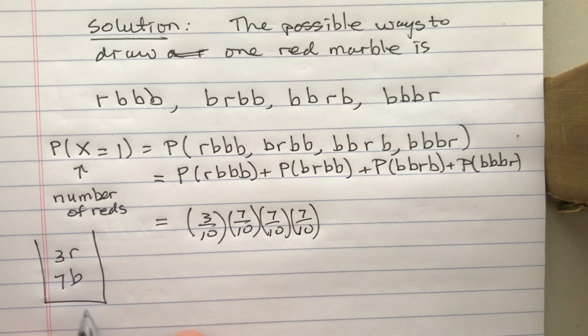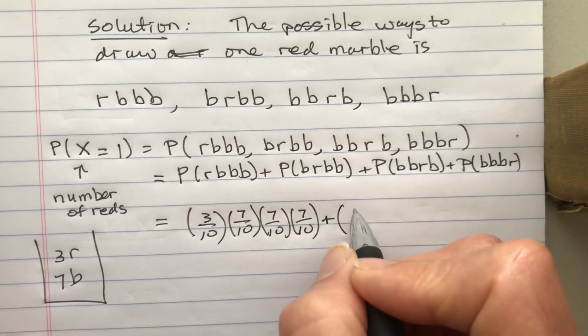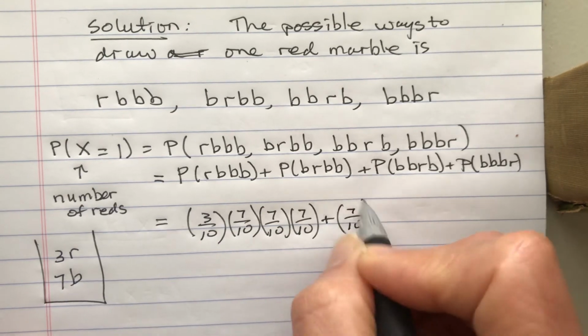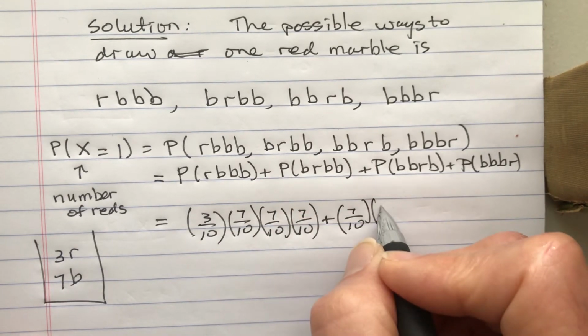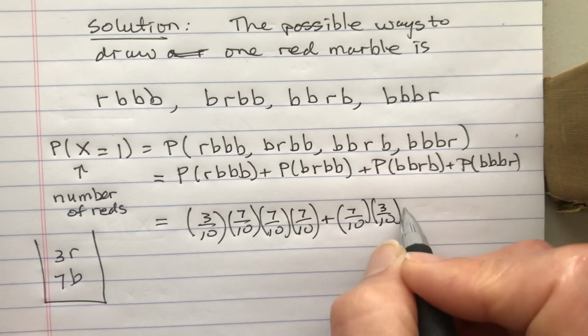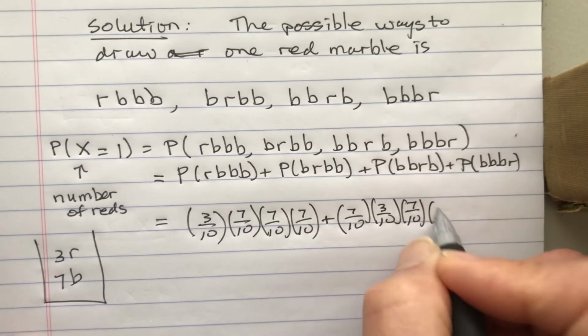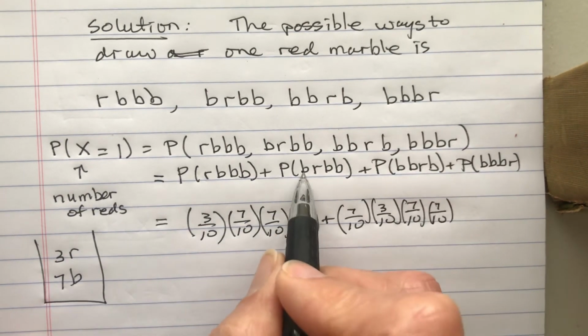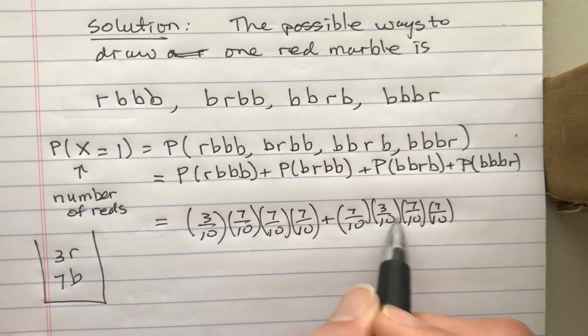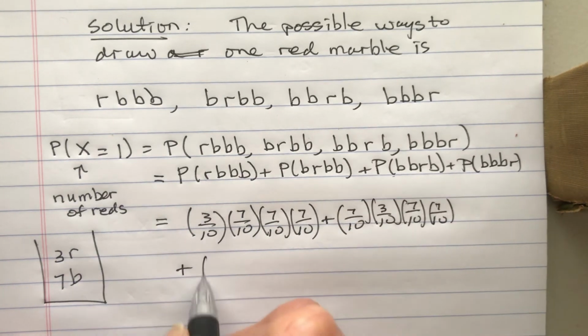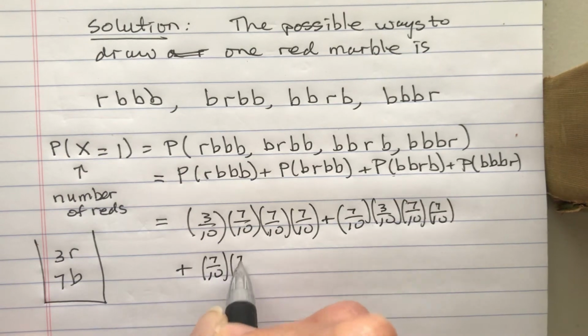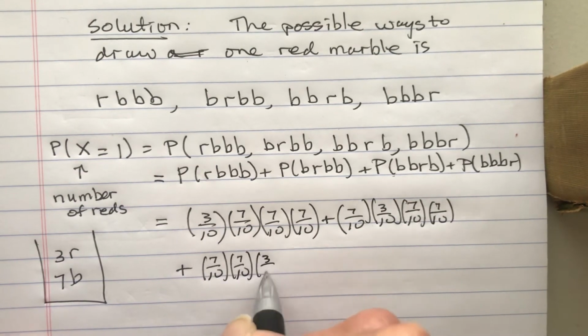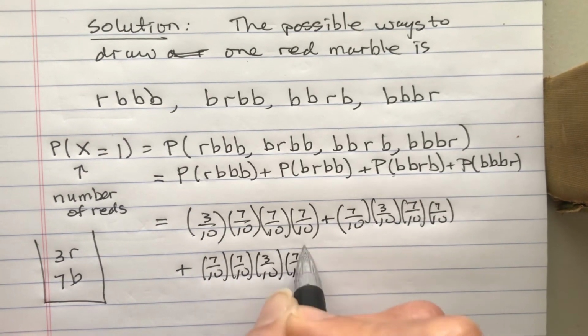The box doesn't change because we're replacing those marbles. Then we're going to get 7/10 for the blue, 3/10 for red, 7/10, 7/10. So if blue is 7/10 and red is 3/10, and then we go over here, 7/10, 7/10, 3/10, 7/10.